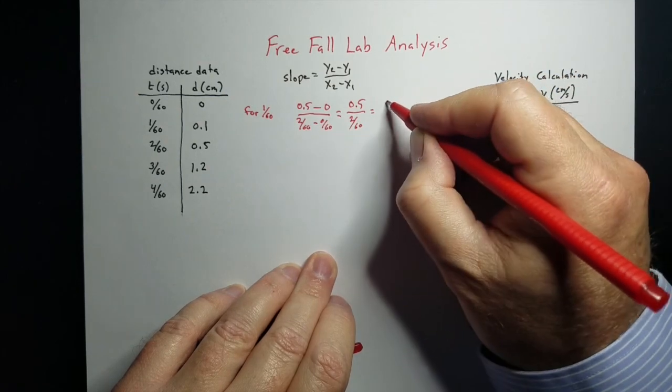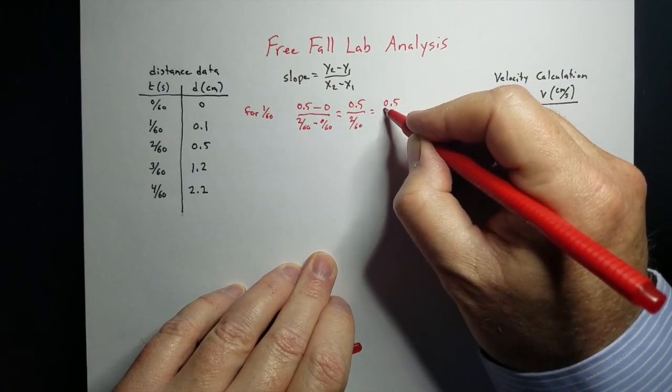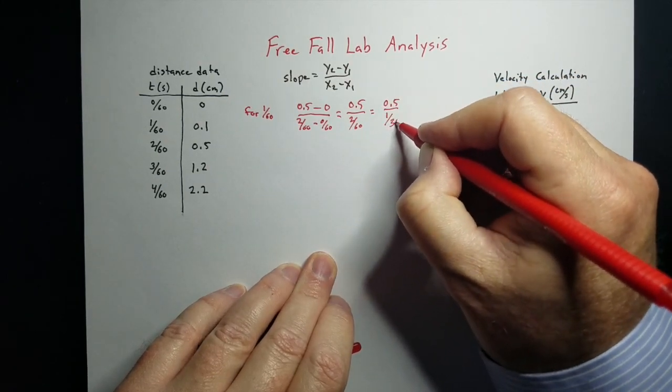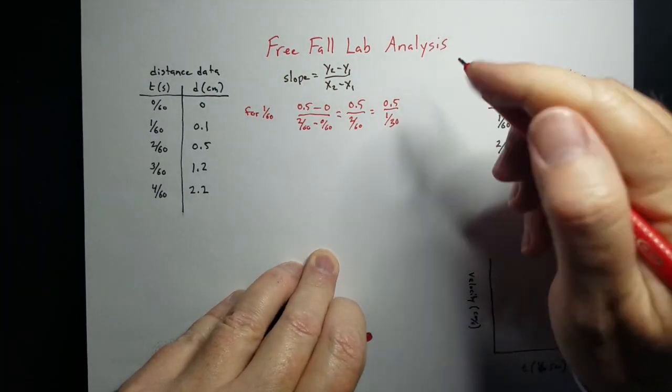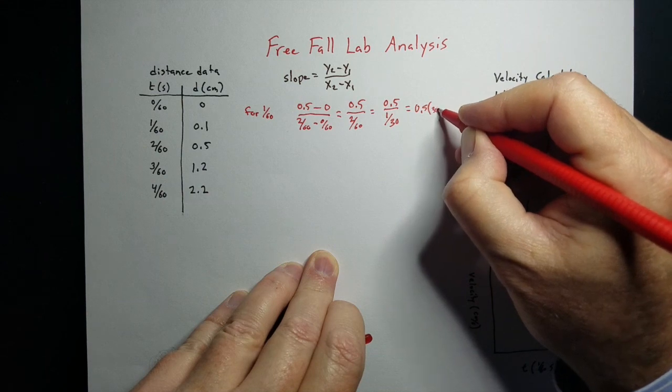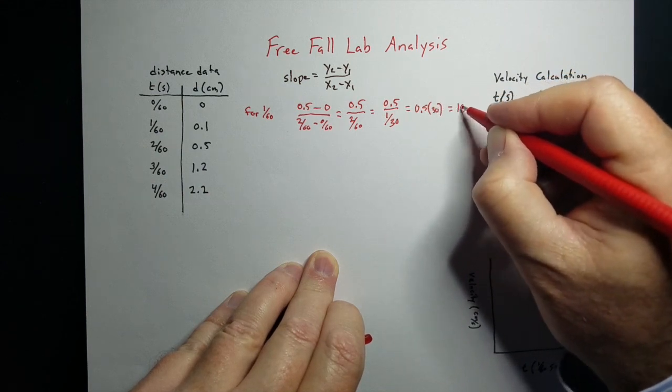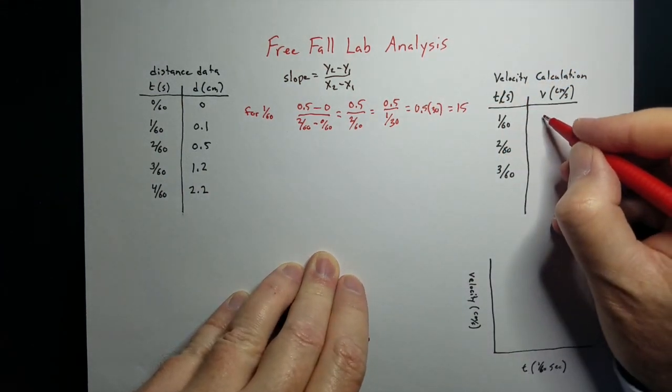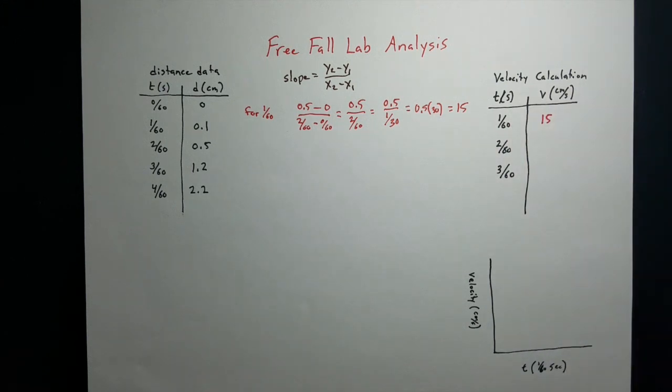Well, 2/60ths reduces to 1 over 30. When you've got a fraction on the bottom, you flip it up. So that essentially becomes 0.5 times 30, which is 15. So my velocity for 1/60th of a second is 15 centimeters per second.